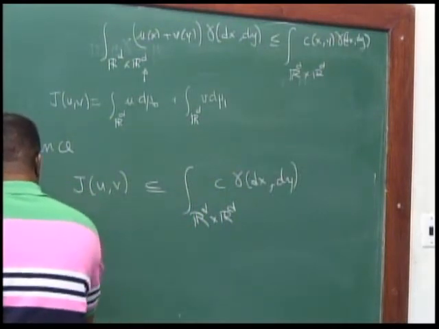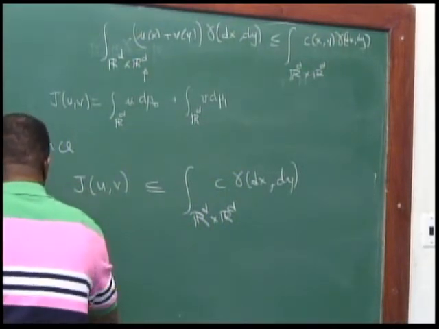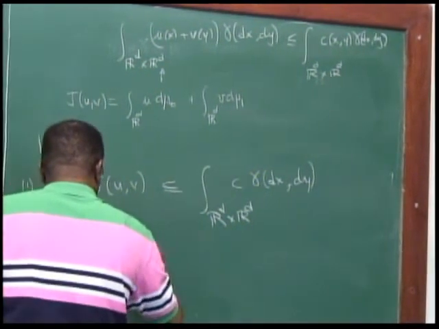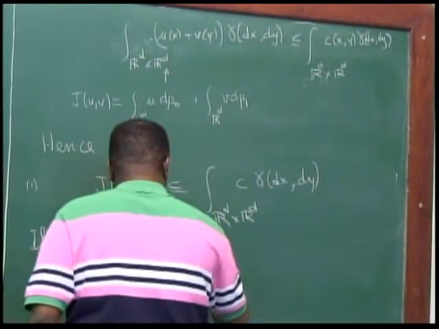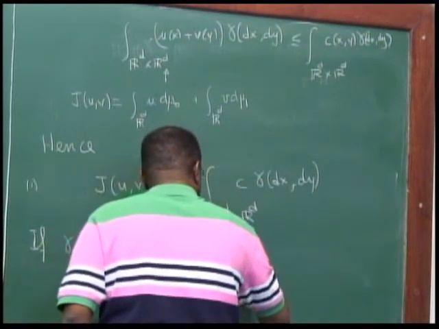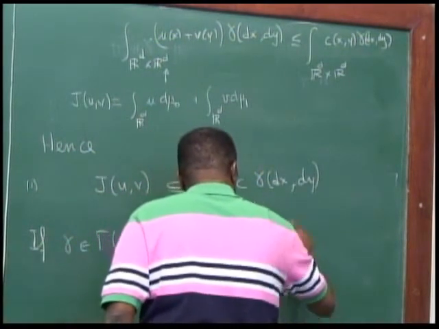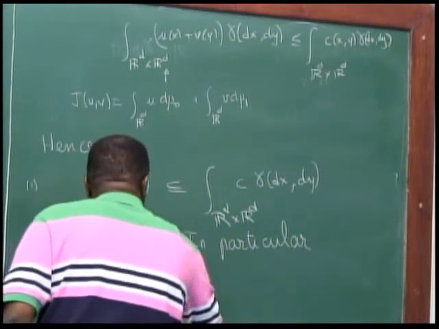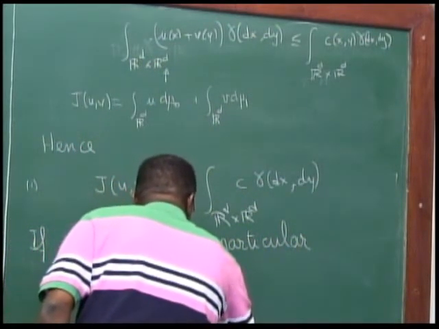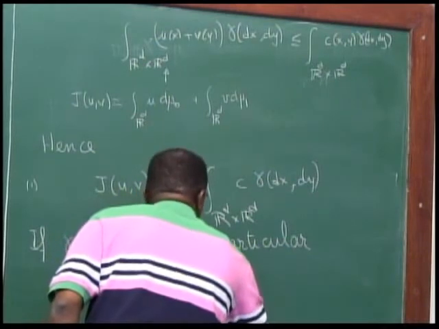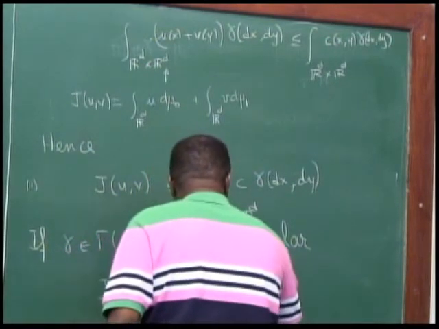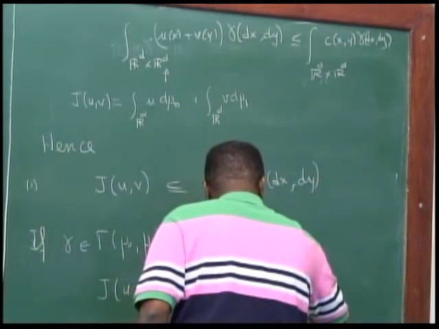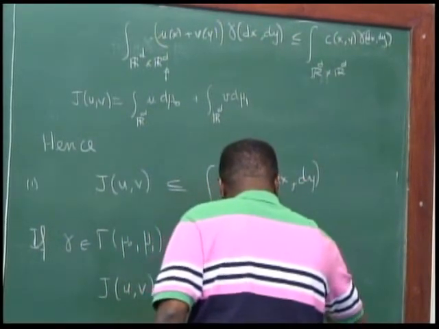In particular, if gamma naught has mu naught, mu 1 as marginals, J of UV is less than the integral over Rd cross Rd of C xy gamma naught dx dy.